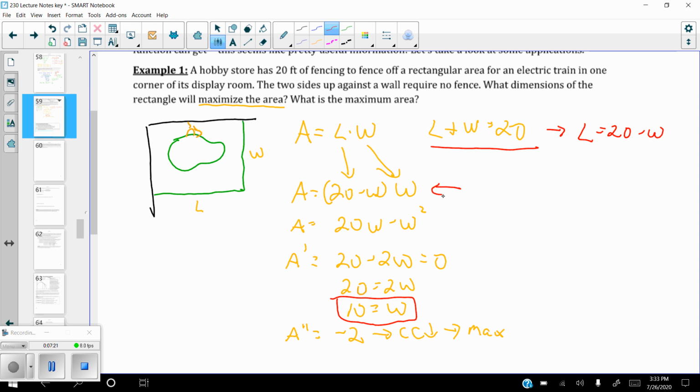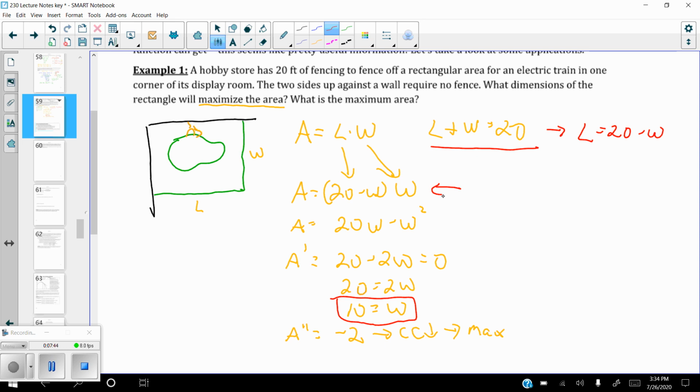You're going to have an area of 0. And that really should make sense, because if you use 0 foot of fencing for one side, that means that your entire fence is going to be on one wall. If you use 20 foot of fencing, it just means that your entire fence is going to be on the other wall. Hopefully that makes sense. So we do know that 10 here is going to give us our max.